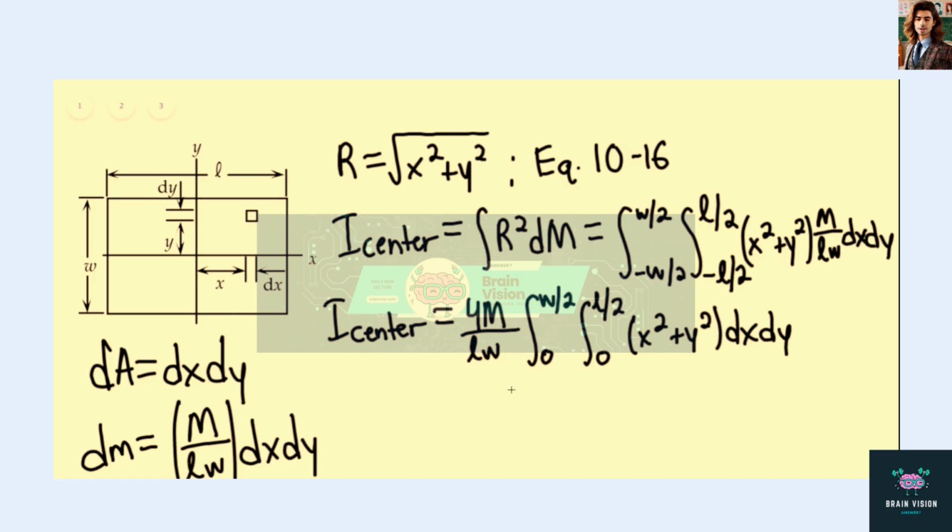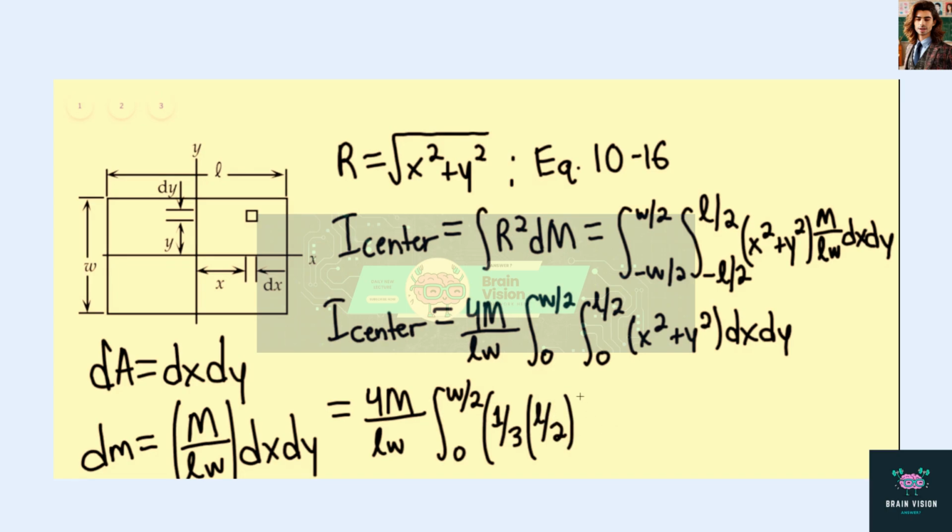We can solve one part and say this would be equal to 4m over lw times the integral from 0 to the width over 2 of 1/3 times the length over 2 quantity cubed plus the length over 2 times y squared, dy.